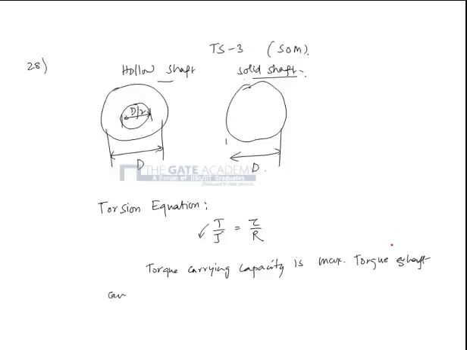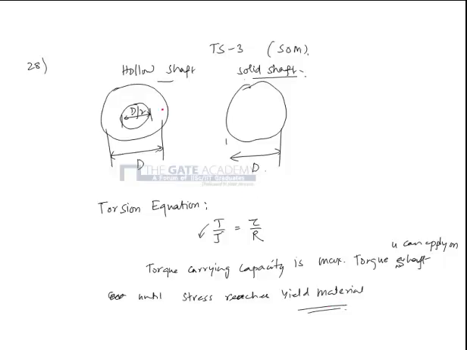It is the maximum torque you can apply on a shaft until the stress reaches the yield value, or whatever your criteria based on FOS is.